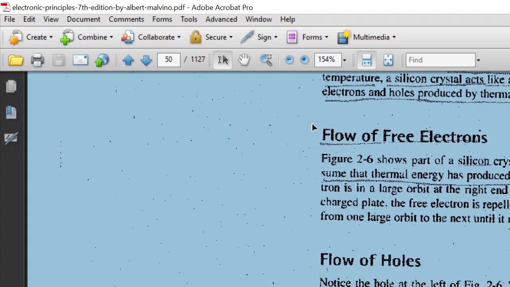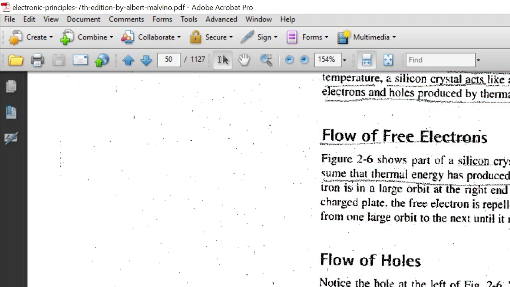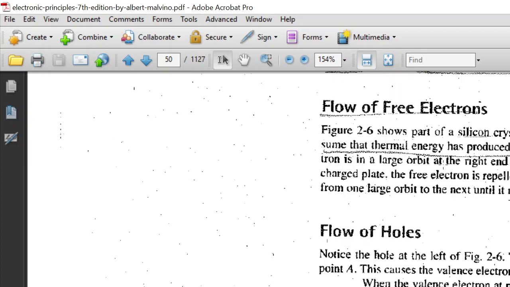So you see the flow of free electrons and flow of holes are discussed here. Whenever you have charged metallic plates across a silicon crystal, the free electron will be repelled by the negatively charged plate and attracted by the positively charged plate.